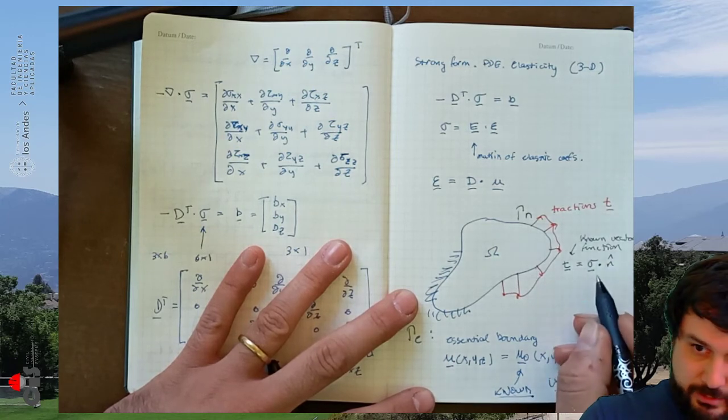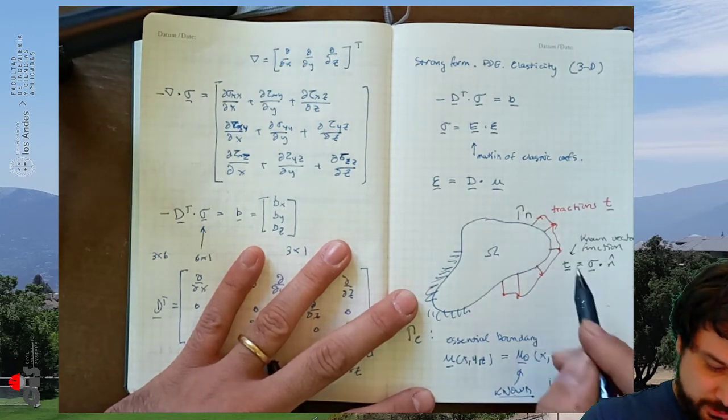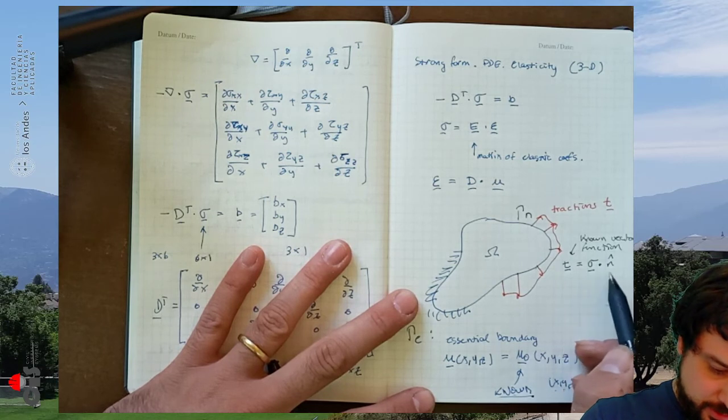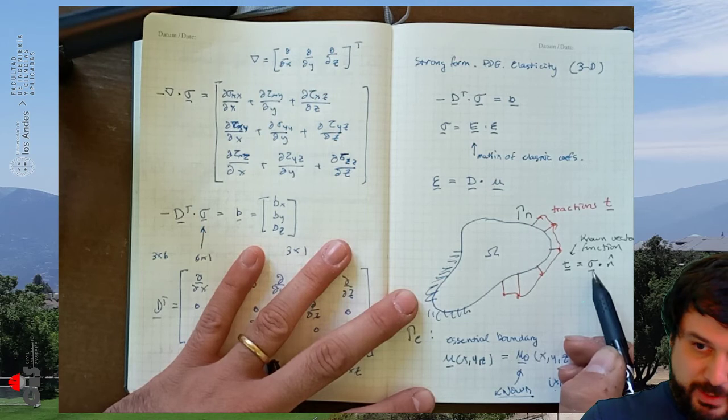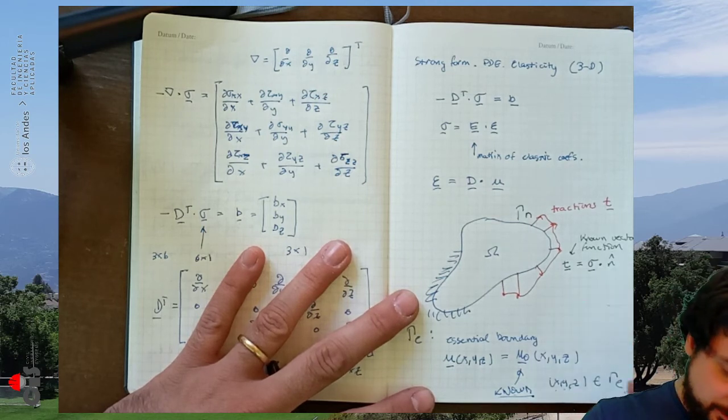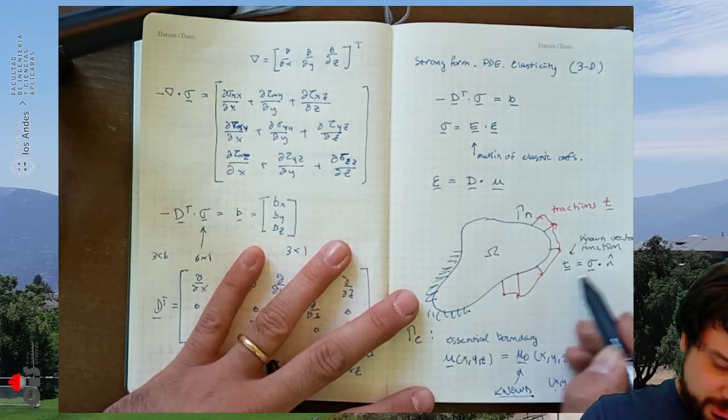And here, for a while, I'm just using the usual tensor notation. This would be the normal expressed in tensor notation, and sigma would be expressed as a matrix, as a tensor, right? So the traction, the known function, is equal to this.